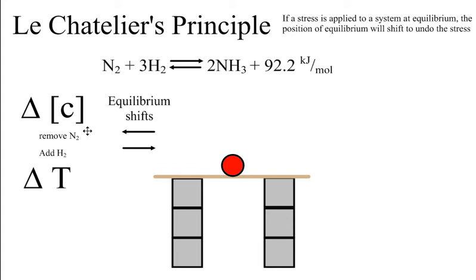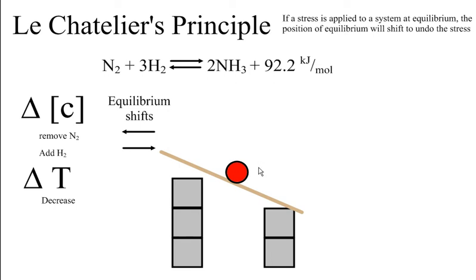If I change the temperature, you're going to treat it just like we did with changing the concentration. So if I cool this down, if I decrease the temperature, that's like taking a cinder block from this side, because since temperature is on this side of the reaction, I'm going to take it away. What's that going to do to our plank of wood and cinder block? It's going to tilt down like this, which means to undo this decrease in temperature, the system is going to go through the forward reaction more to produce more heat.